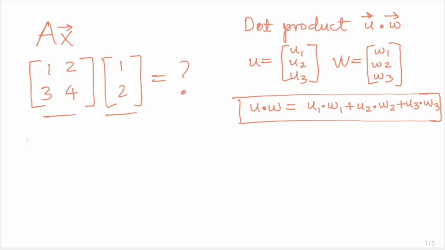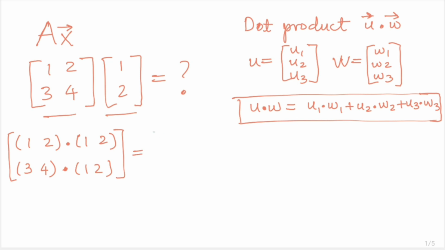Let me take this vector 1, 2, here writing it as a row vector. So 1, 2 dotted with 1, 2 is going to be the first row of your answer. And then the second row is going to be 3, 4 dotted with 1, 2.